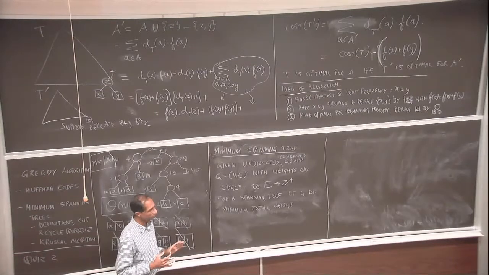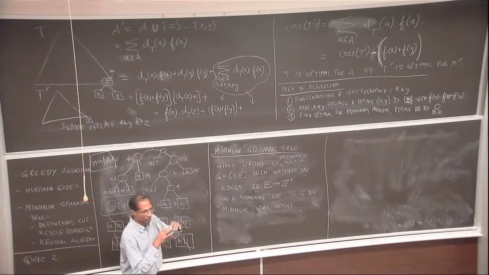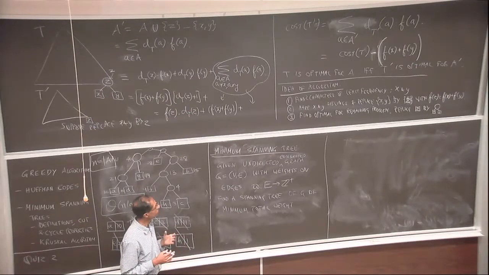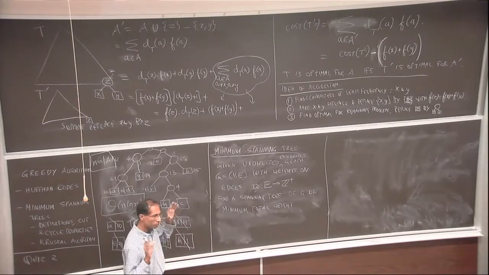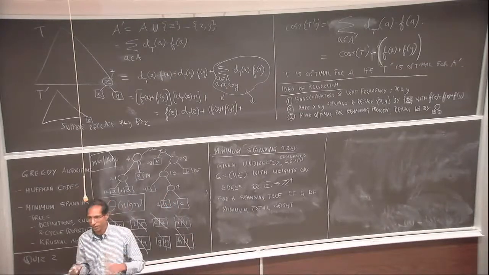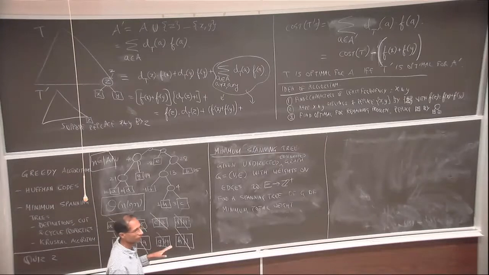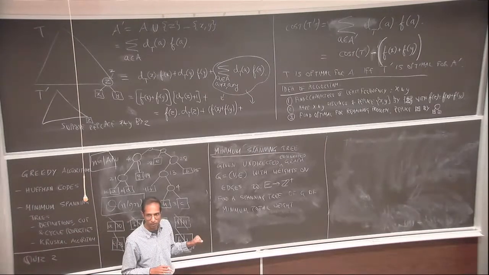Because if you're looking at directed graphs, then you will have to talk about strongly connected, and a tree cannot be strongly connected. Every edge has a direction, and a tree, by definition, will have edges only going in one direction or the other. So while there is a notion of a spanning tree in a directed graph, we are not going to be talking about that. So we're going to talk entirely about undirected graphs. Okay?